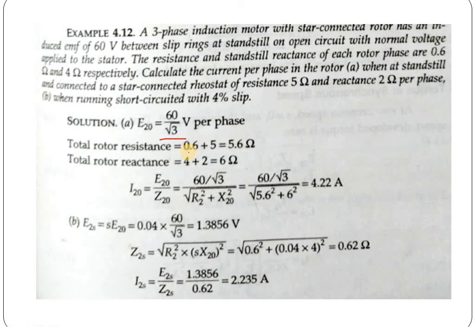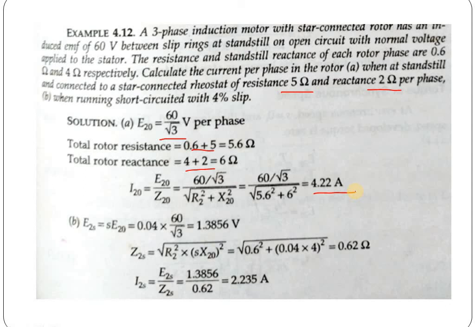Total resistance is 0.6 plus 5 ohm because a 5 ohm resistor is connected, and total reactance is 4 plus 2 because a 2 ohm reactance is connected. Putting these values, we can calculate that the current at standstill will be 4.22 amperes.